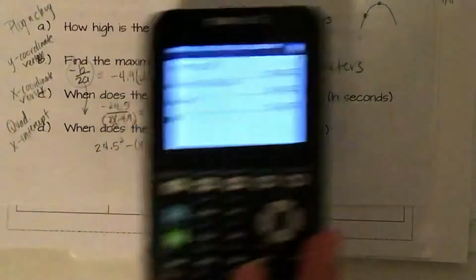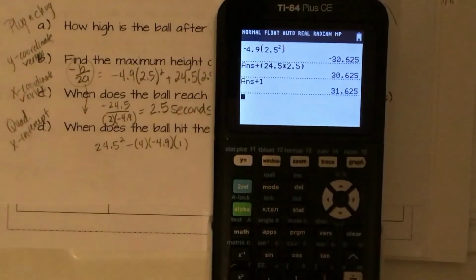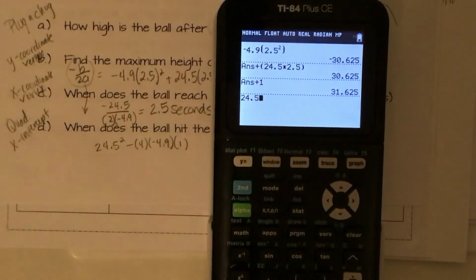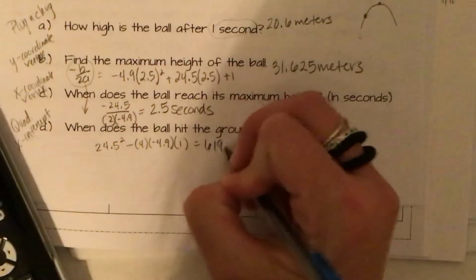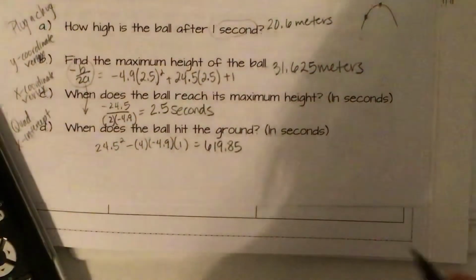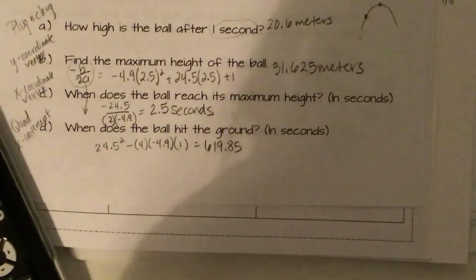Okay, so again, I'm going to put this on my calculator. So 24.5 squared minus, put all those 3 numbers in parentheses. All right, so 619.85. All right, so let's plug that into the quadratic formula.